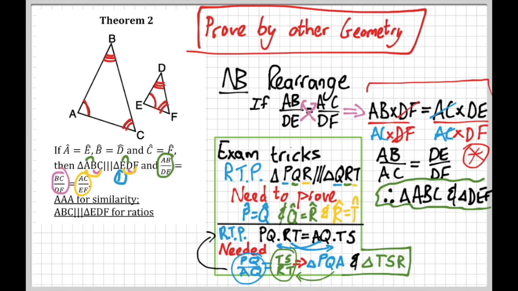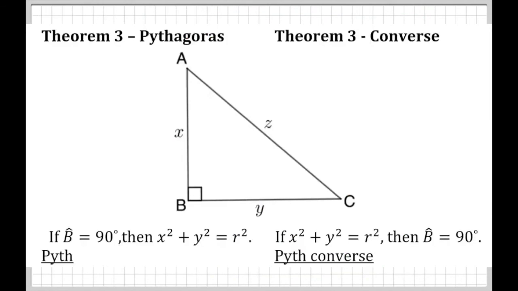Now, Theorem 3, ladies and gents, is simply the Theorem of Pythagoras. Now, this theorem you have actually done since grade 8. You've done it so many times. You've applied it so many times. So what is different in grade 12?